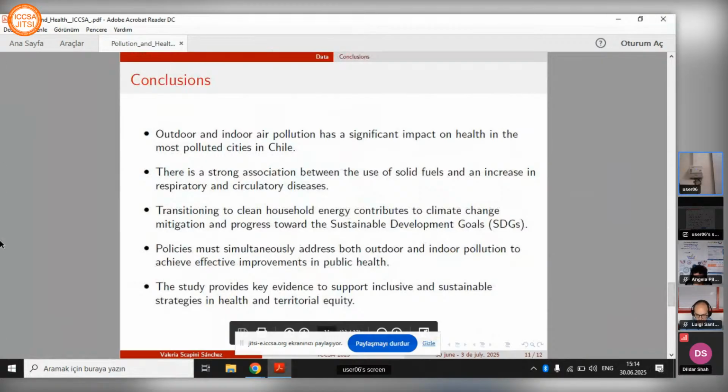There is a strong association between use of solid fuels and an increase in respiratory and circulatory disease. This is very important. We want to increase the study using different cities and in different parts of my country. Thank you very much.